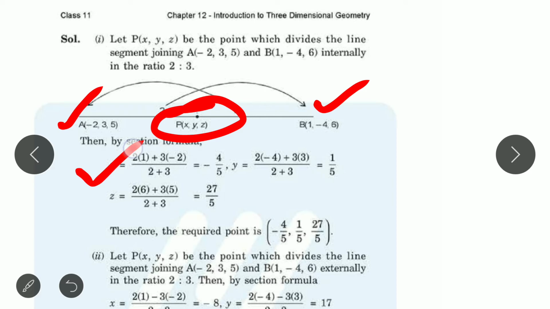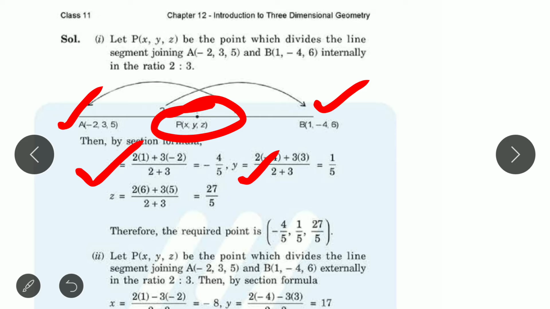First, the x coordinate has been calculated. How did they calculate it? Using the formula (mx2 plus nx1) divided by (m plus n), and after calculating, they found it to be minus 4 by 5. Then next they calculated the y coordinate using the section formula (my2 plus ny1) divided by (m plus n).